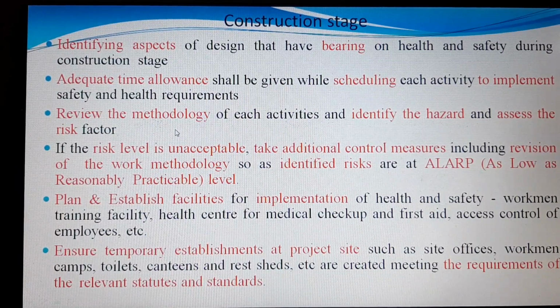Review the methodology of each activity, identify the hazards, and also assess the risk factor, which is very important. If the risk level is unacceptable, take additional control measures and revise the work methodology so that the identified risks are as low as reasonably practicable, and plan and establish facilities for implementation of health and safety.